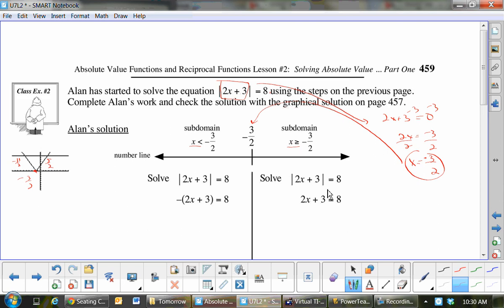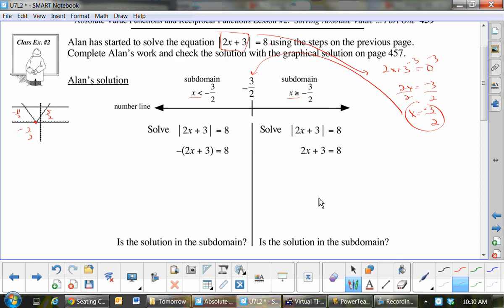Now, when x is greater than negative 3 over 2, is this positive or negative? Positive. So if it's positive, I'm just going to drop the absolute value: 2x plus 3 equals 8. Because now I can solve for x when the absolute value is positive.